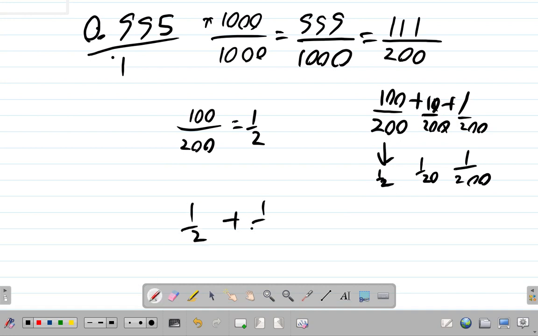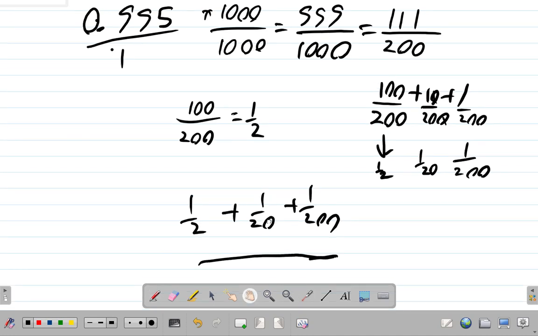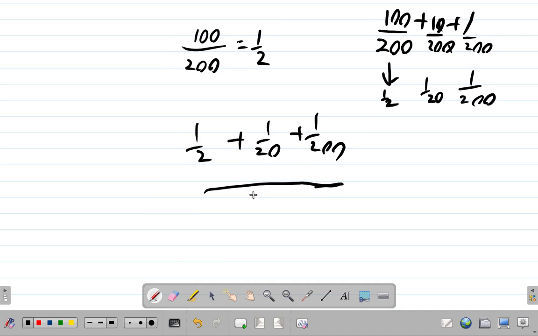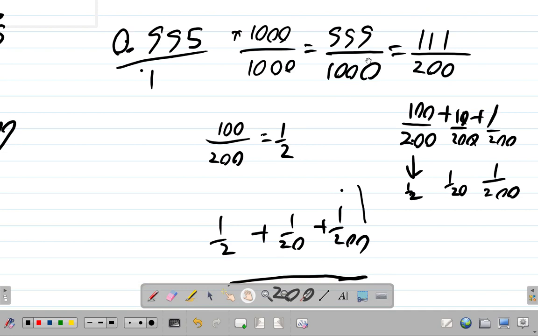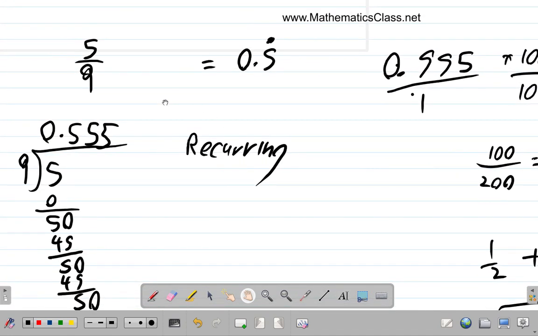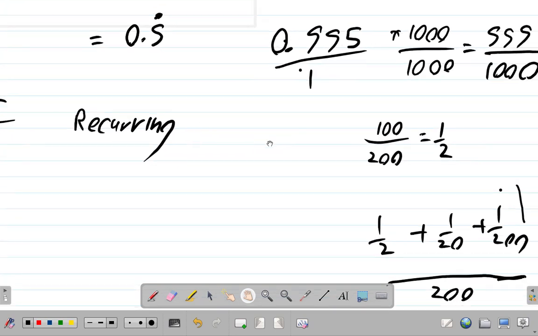The LCM is 200. And you kind of go back to the 5 over 9, kind of near to 5 over 9. 555 over 1000, you're going kind of close to 5 over 9, although it's not so obvious.